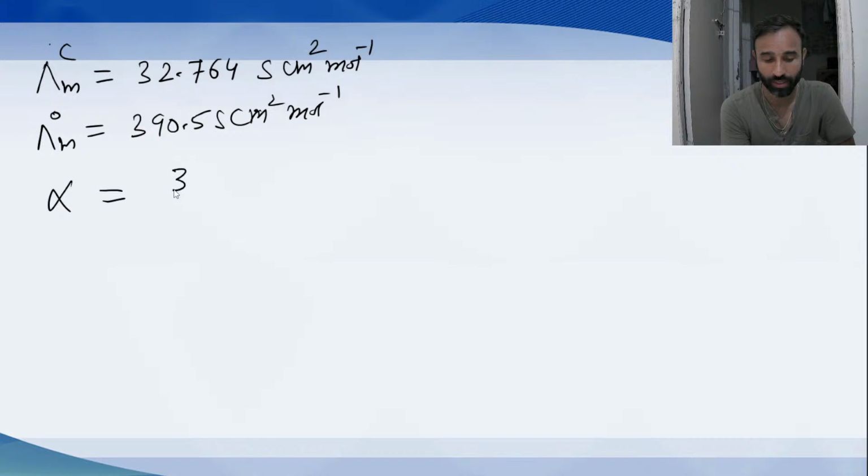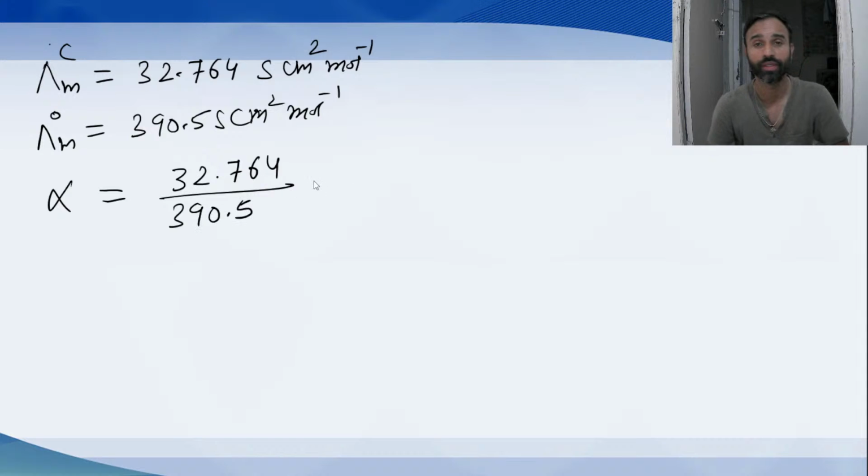So alpha is 32.764 divided by 390.5, that is 0.0839. Yes, 0.0839, that is alpha.